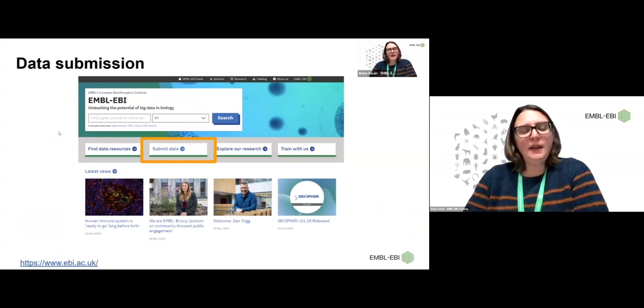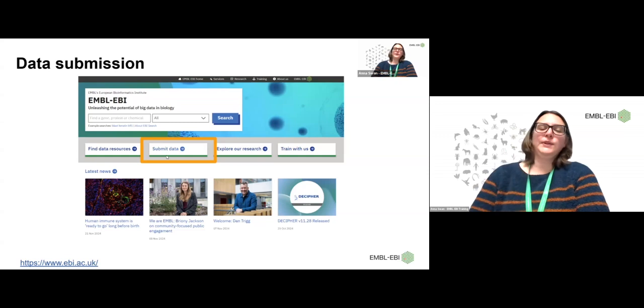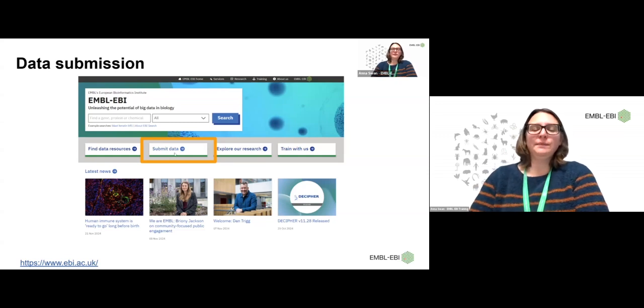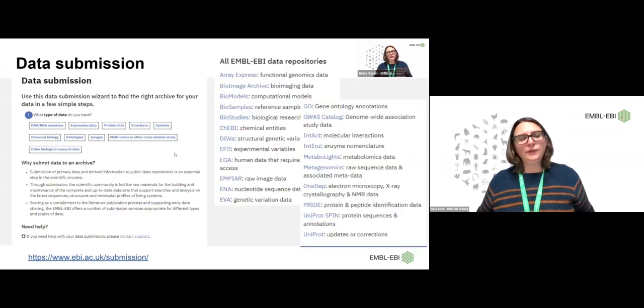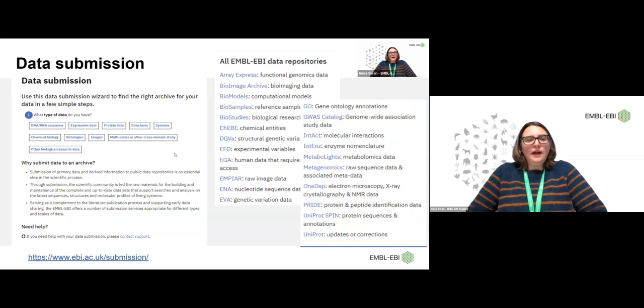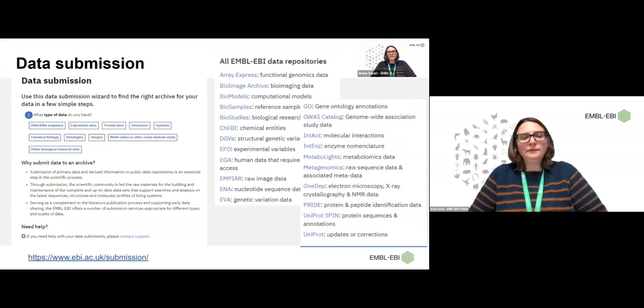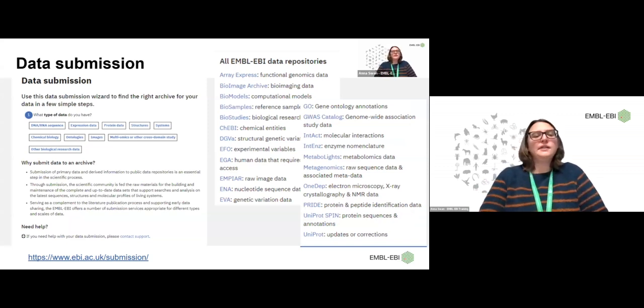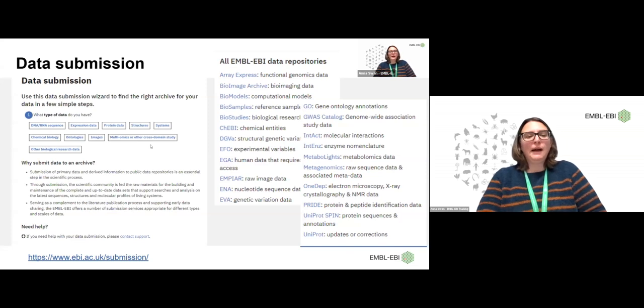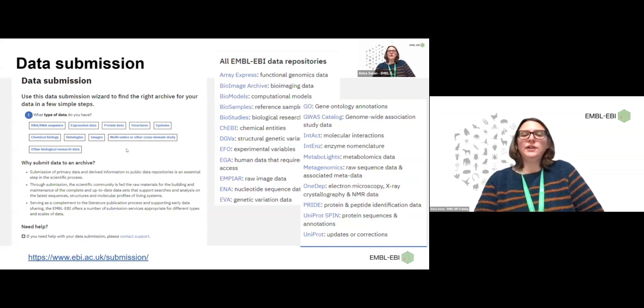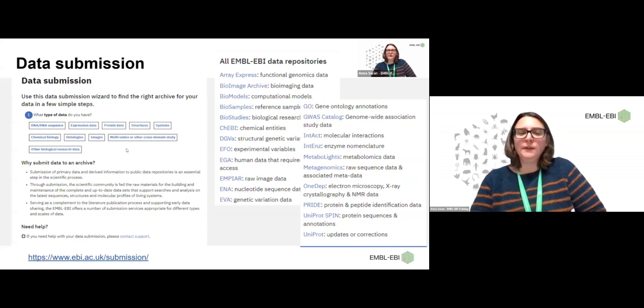Here again, I'm showing the screenshot of the EBI homepage. Next to the Find Data Resources button that we looked at before, you will also see a Submit Data button. That will take you through to this data submission wizard. It asks you a few questions about the kind of data that you're interested in submitting to a resource.